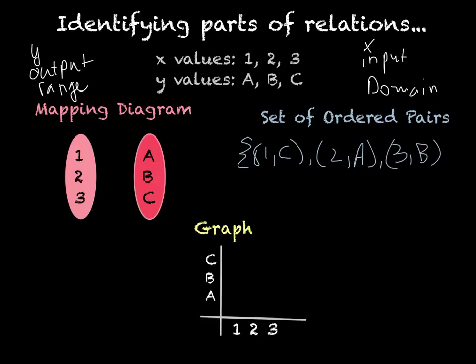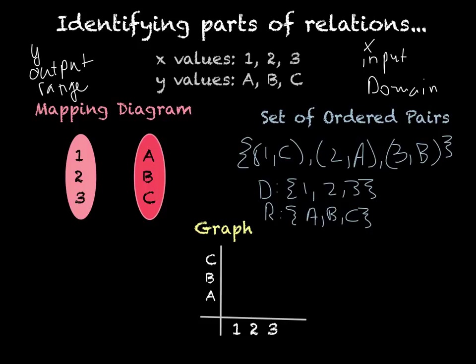So that is our set of ordered pairs. If we want to write down our domain, it is going to be the set {1, 2, 3}, because those are our possible x values. The range is going to be {a, b, c}, because those are our y values. So you notice that it could be numbers or it could be letters or anything.